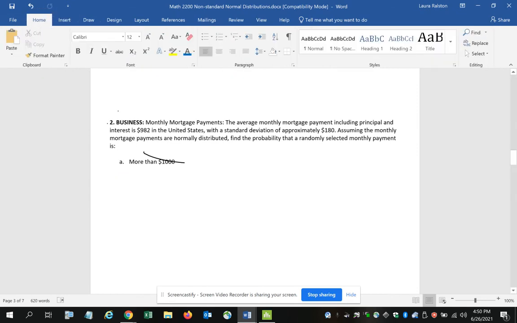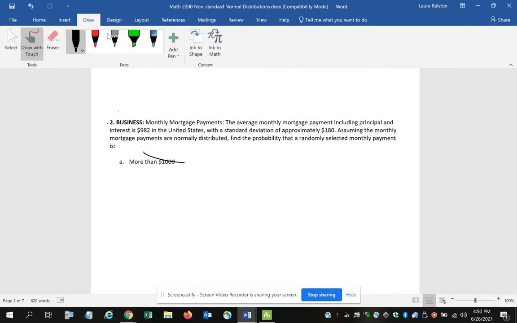All right, so it says monthly mortgage payments. The average monthly mortgage payment, including principal and interest, is $982. Okay, so it says average monthly mortgage payment is $982 with a standard deviation of approximately 180.